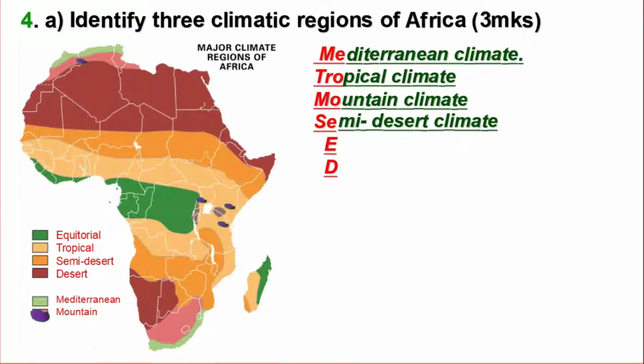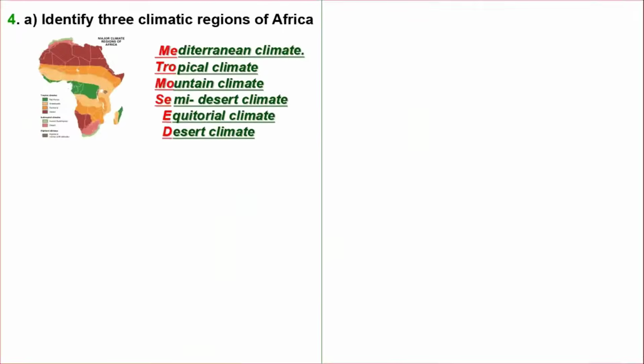It is half desert, so it is semi-desert. Then we have equatorial climate, a climate that is experienced along the equator or areas around the equator. Then after that, you have the desert. So whenever you see that you have forgotten, just say Metromocid. Next question is part B.